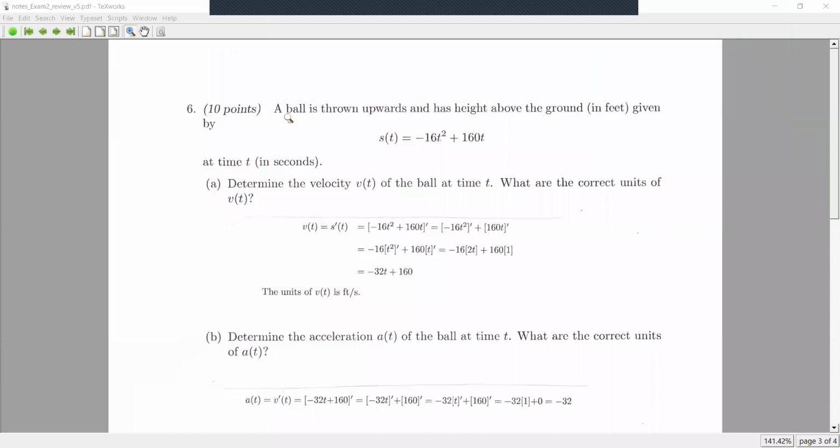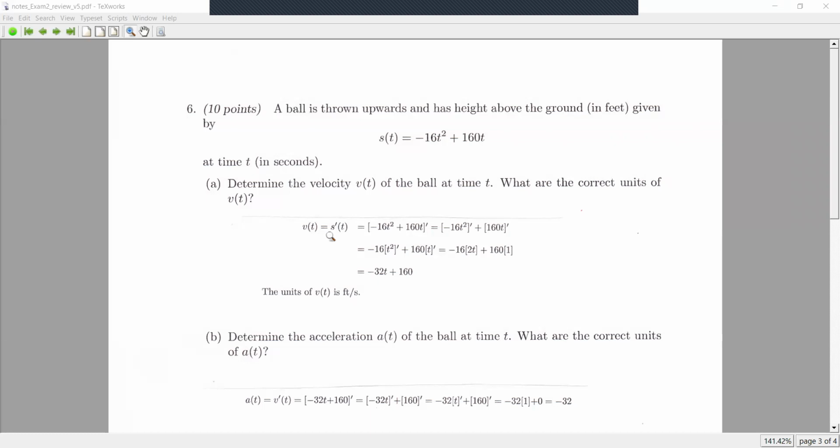Problem 6. A ball is thrown upwards and has height above the ground in feet given by this position function. t is time in seconds. Part A. Determine the velocity of the ball at time t. What are the correct units of velocity?